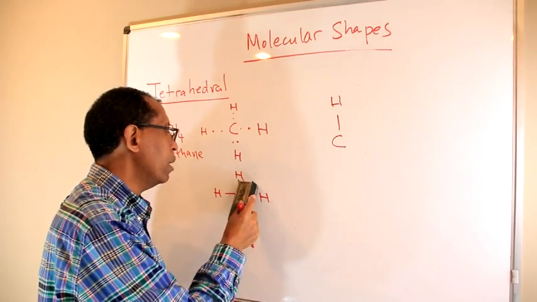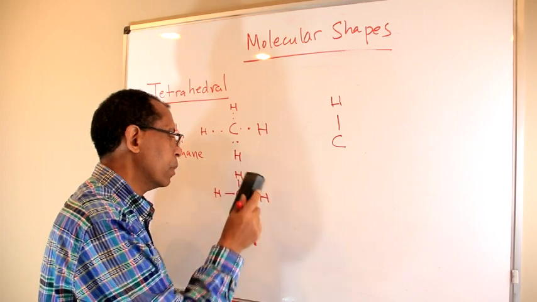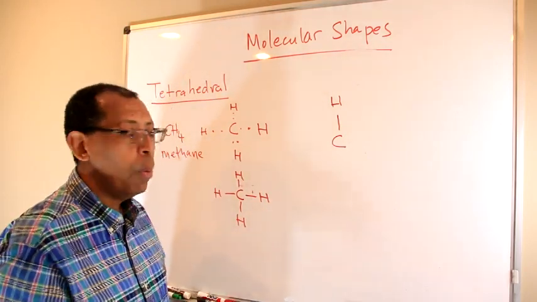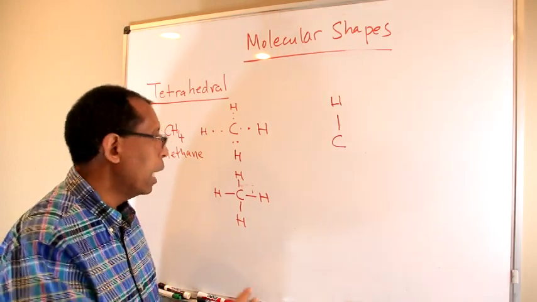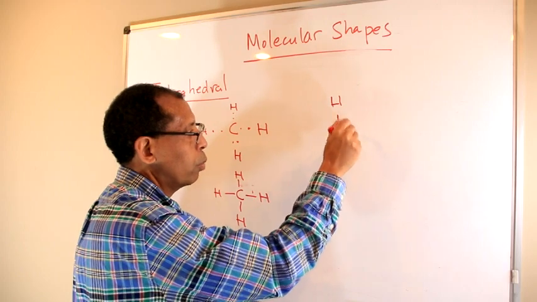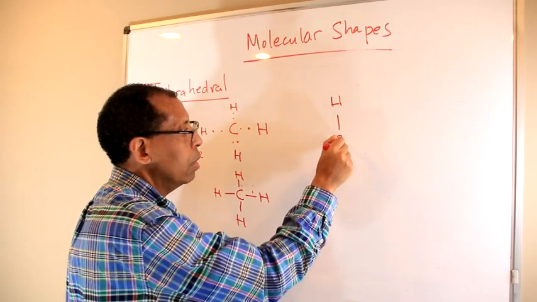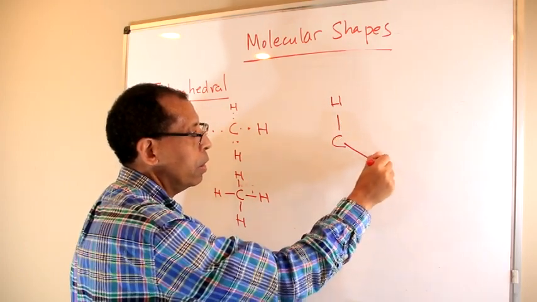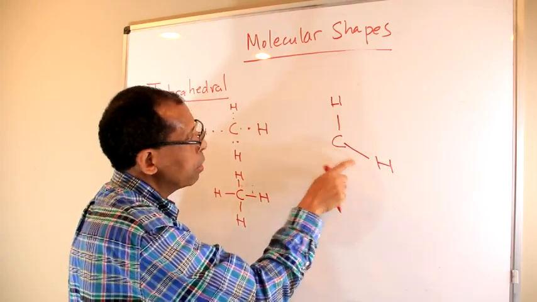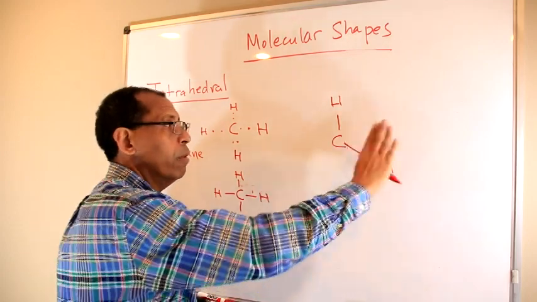Therefore, you have to avoid drawing it like this. This was just to show you the loose structure. Now we have gone now to really understand what the shape looks like. So this is about 109 degrees. So the other hydrogen would be here. As I said, these are the 2 bonds that are on the plane of the board.